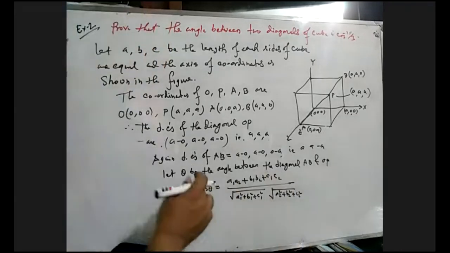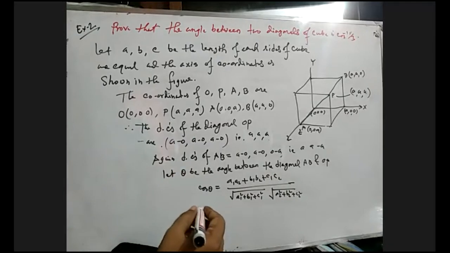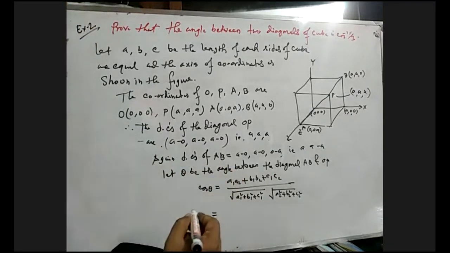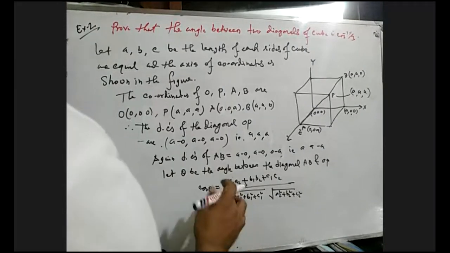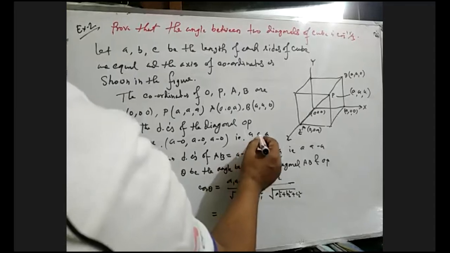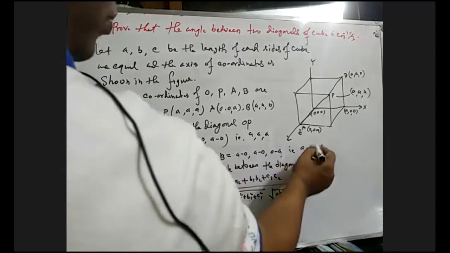This is the formula for finding the angle. Remember it. So a1, b1, c1 is the first direction cosines, and a2, b2, c2 the second.